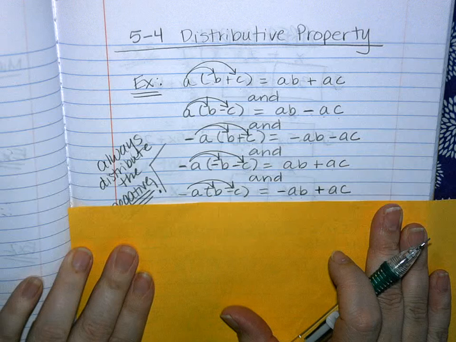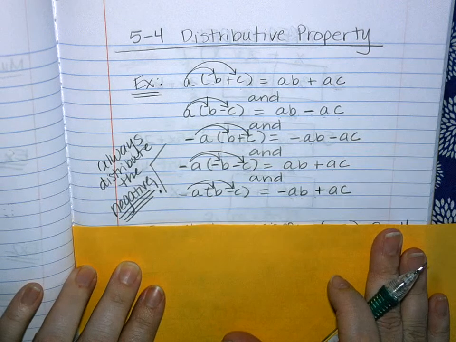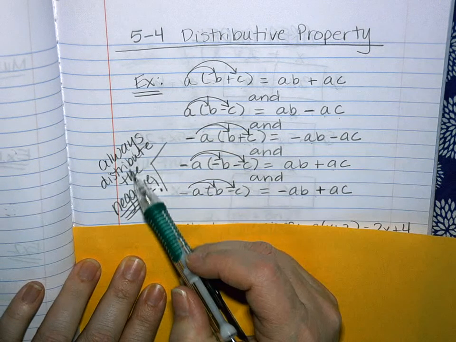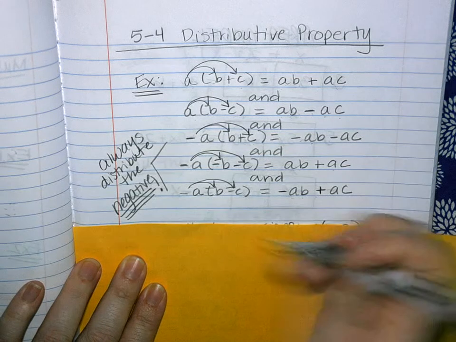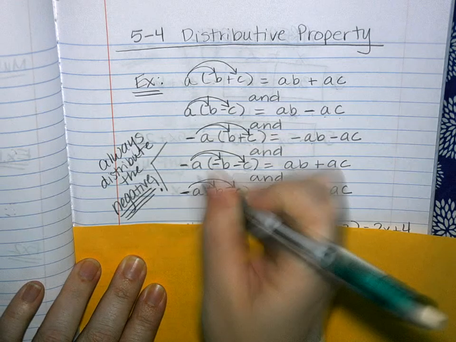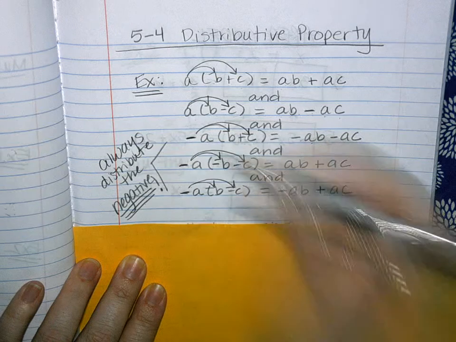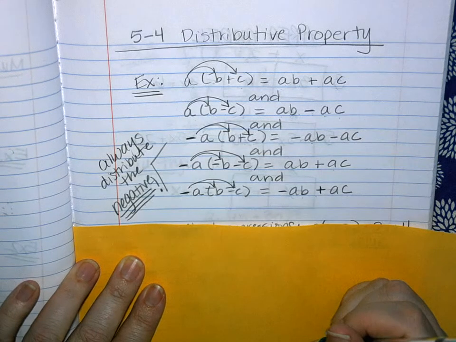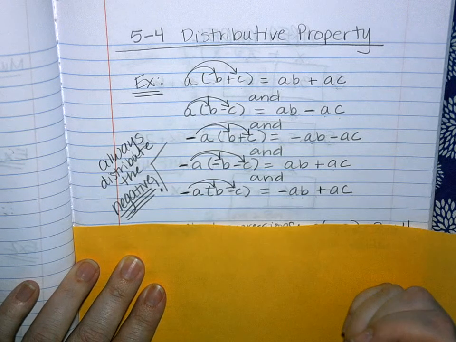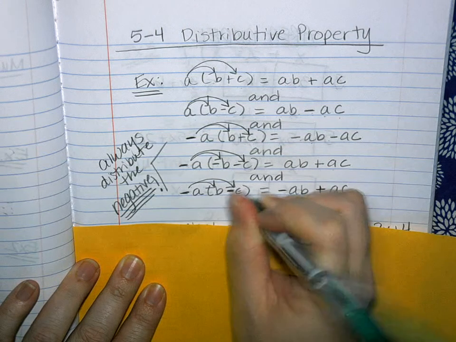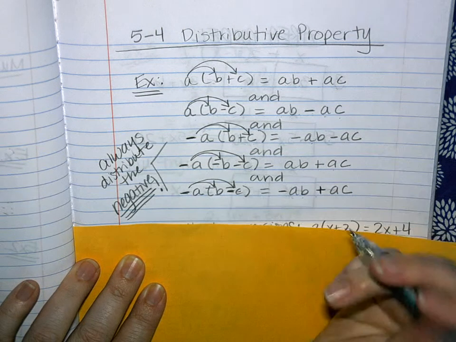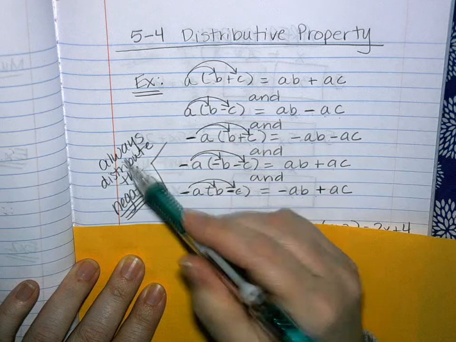So basically, the little note I put on the side here says, always distribute the negative. Do not forget about this negative. If it's out on the outside, you must distribute it. Yes. Is the what? This is negative. This is positive. Okay? So always distribute the negative.